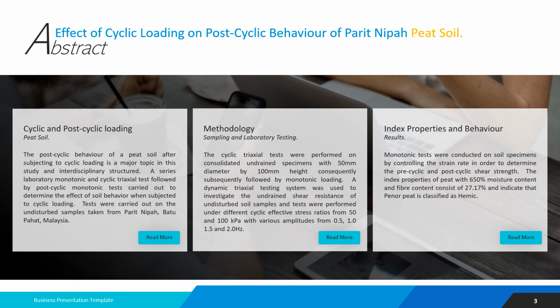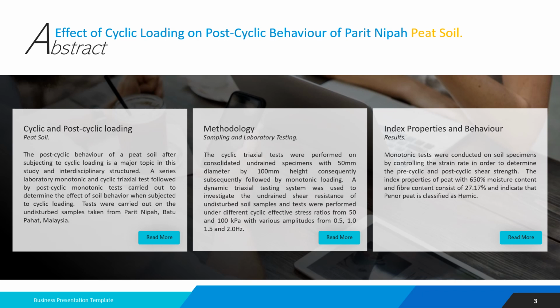Tests were carried out on undisturbed samples taken from Parit Nipah Peat, Malaysia, and the cyclic triaxial tests were performed on consolidated undrained specimens with 50 mm diameter and 100 mm in height, consequently followed by monotonic loading.